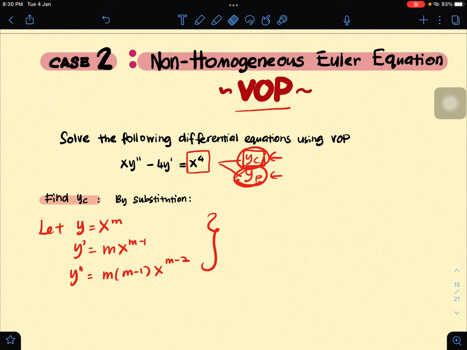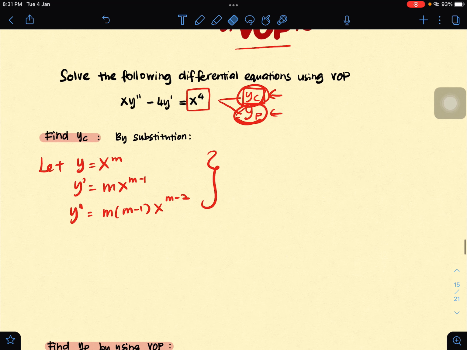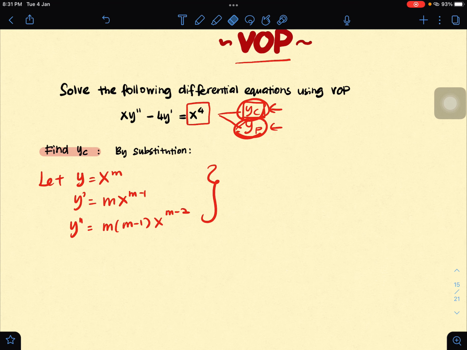So first of all, we need to find our YC. To find our YC, we let our y equal to x to the power of m as before, and then we have y prime equal to mx to the power of m minus 1, and y double prime to be m multiplied by m minus 1 x to the power of m minus 2. Then we need to substitute the value inside your equation.